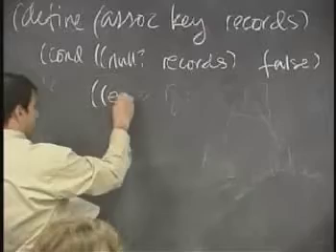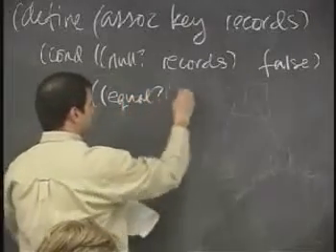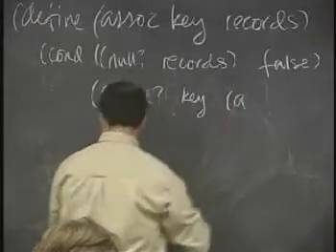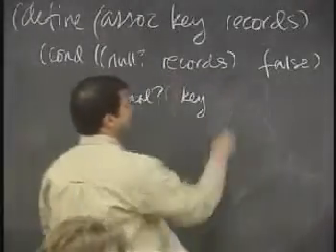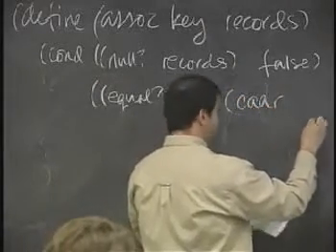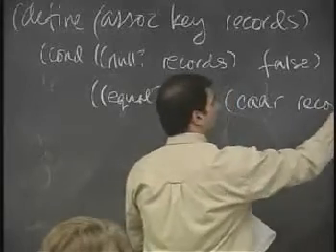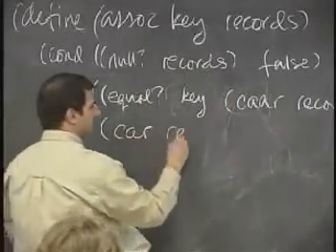If, on the other hand, oops, we use equal. If the key is equal to the car of the car of the records, close, we then return the car of the records.